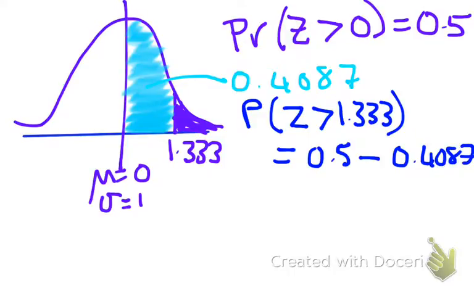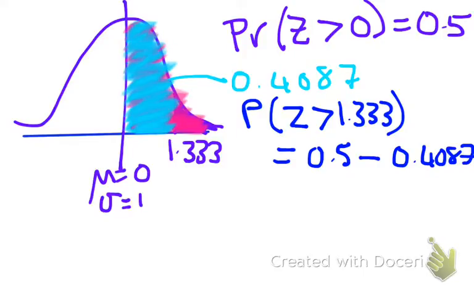And the reason for that is I know that this whole area that I'm shading in is 0.5. And if I take away the piece that we've been able to find from the table, that little piece of 0.4087, then that should tell me what we've got left over, which is the area that we're interested in.